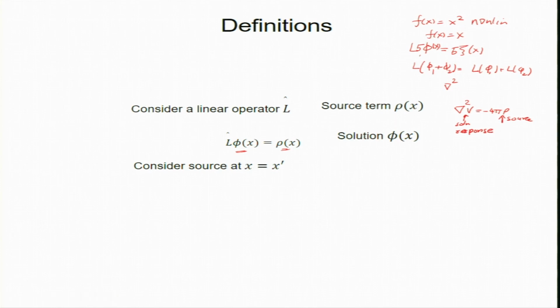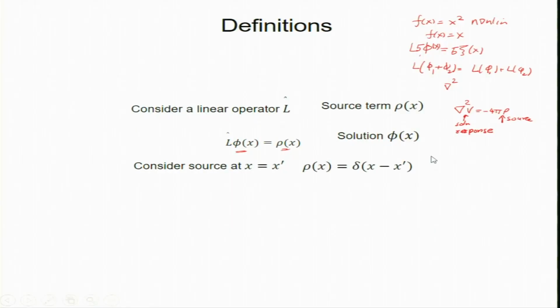Now, we can consider a source at x prime. Now, it is a point source. So, for the definition of Green's function, we think of a point source. Or it could be a point in space and a point in time, it is a delta function. So, this is the critical part.